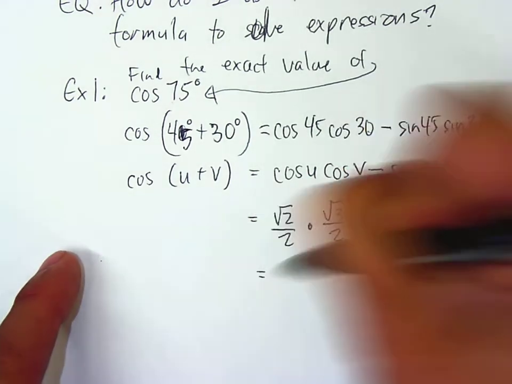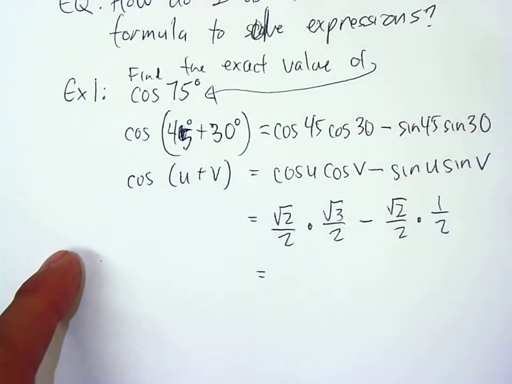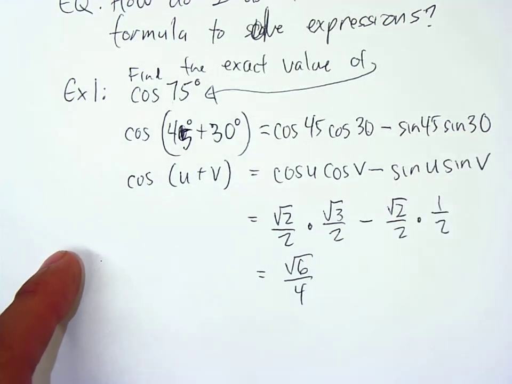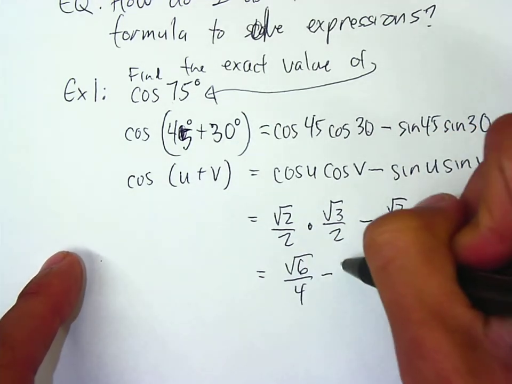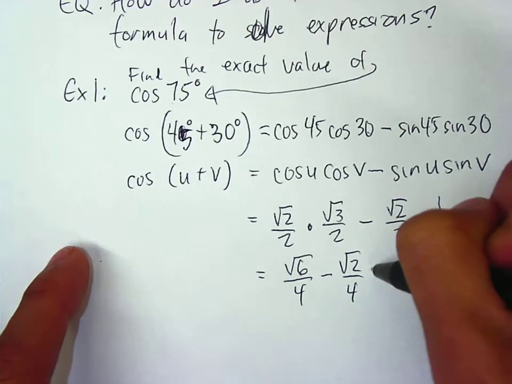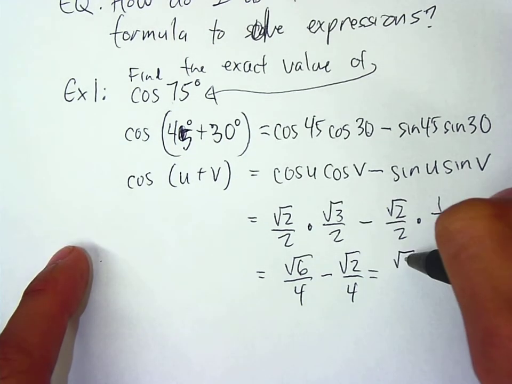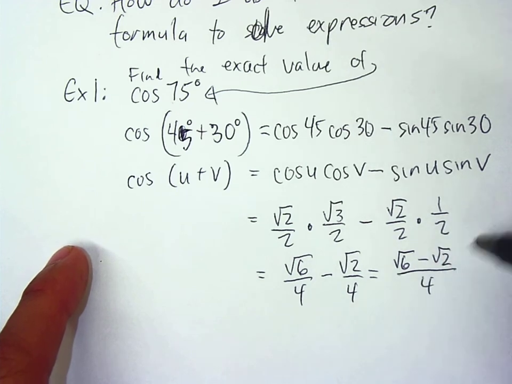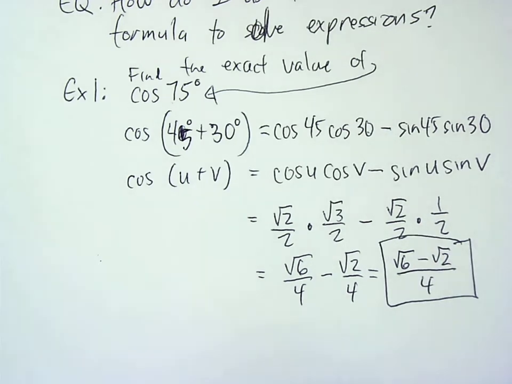Okay, and then if I simplify that, radical 2 times radical 3 is radical 6 over 4 minus radical 2 over 4. And then probably want to write it as one fraction, so radical 6 minus radical 2 all over 4. And that is my exact value of cosine of 75 degrees.